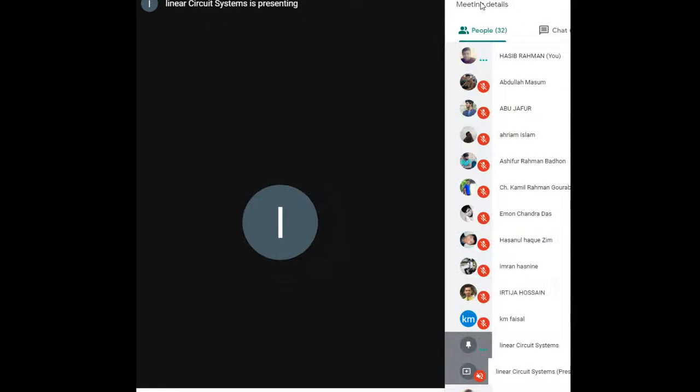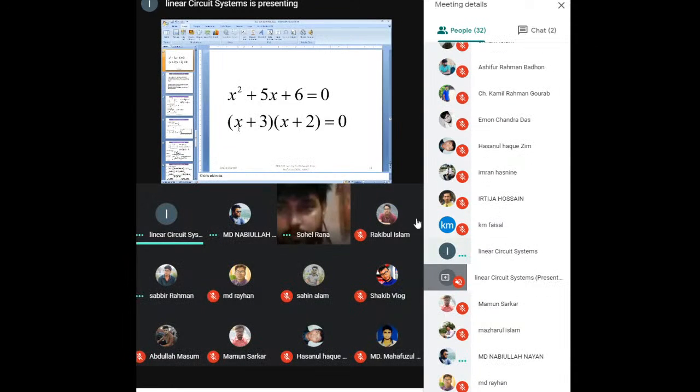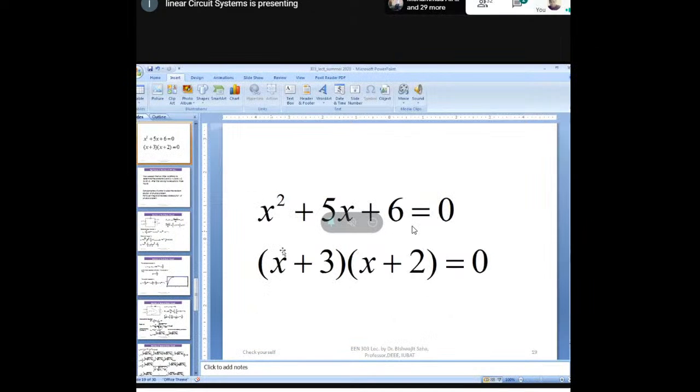So the middle term factor, that factorization I was talking about. A given equation can be factorized in this way. So x plus 3 into x plus 2 equals 0. You see the factorization.